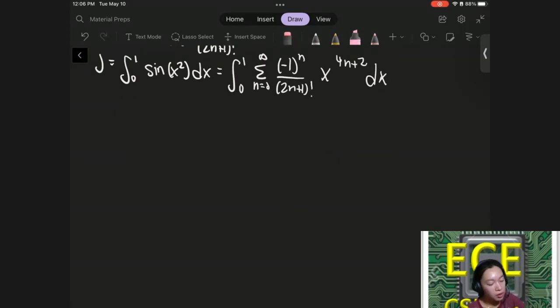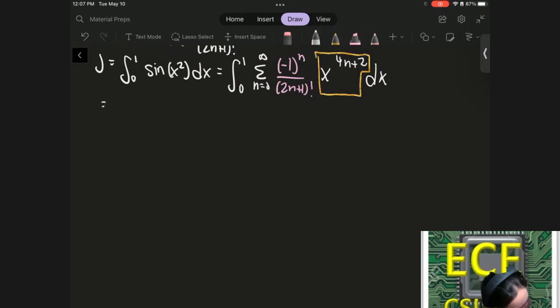This first part has nothing to do with the integral, because it's an integral with respect to the variable x, and that part has no x. The only part that has an x is this part. So we apply the integral to just this part.